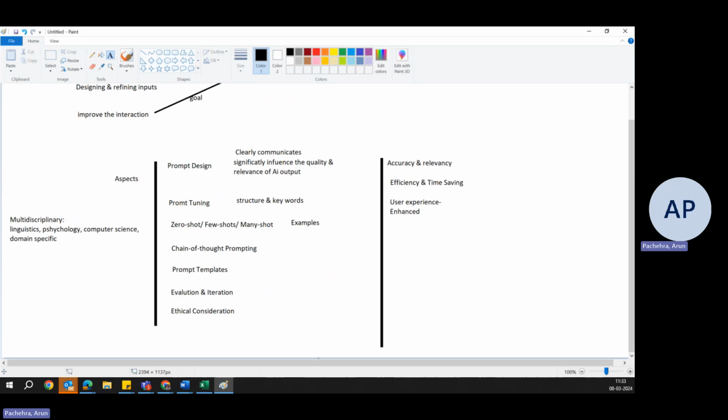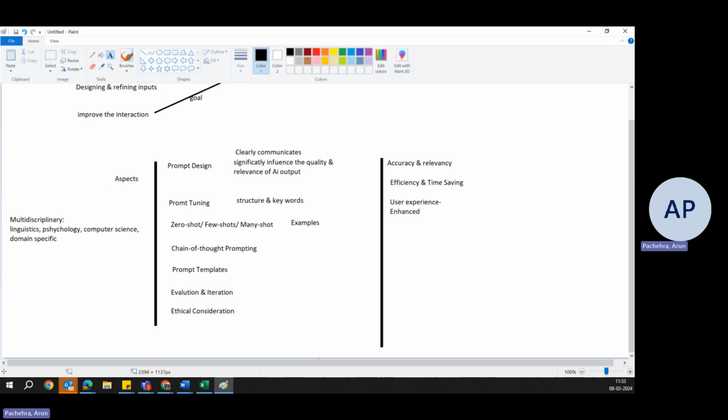Let's take this example. A travel recommendation AI. Somebody asked, what are some adventure activities, first context, for a family vacation? Another one, in Costa Rica, third one.